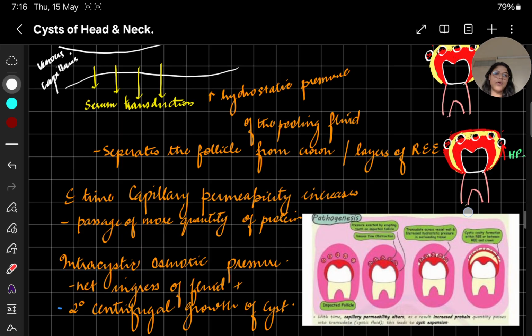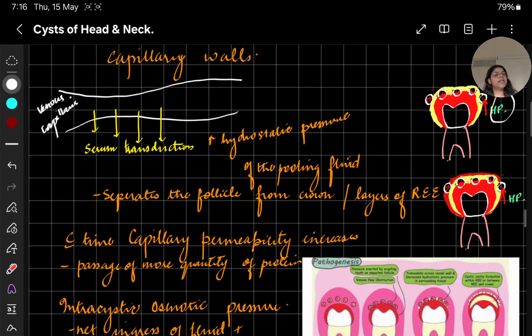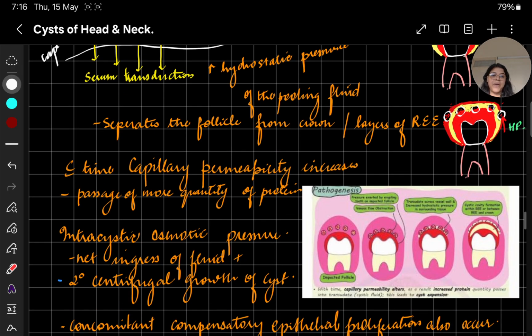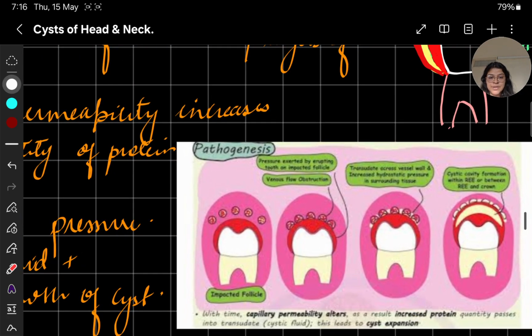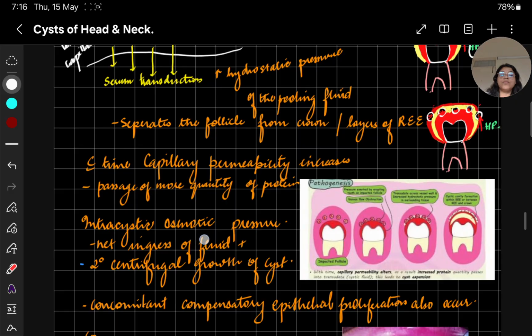And then with time you will see proteins also coming out. So this is the pathogenesis: pressure exerted by the erupting tooth on the impacted follicle, venous flow obstruction, transudation across the capillary wall, and increased hydrostatic pressure in the surrounding tissue, with cystic cavity formation between the reduced enamel epithelium and the crown.